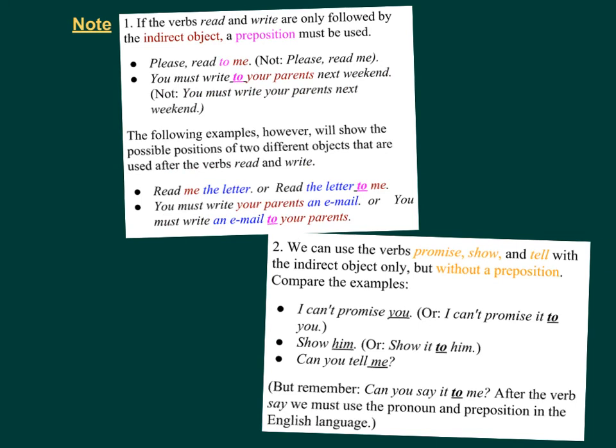We can use the verbs promise, show, and tell with the indirect objects only, but without a preposition. Let's compare the examples. I can't promise you. Or you can say, I can't promise it to you. You can say, show him, or show it to him.